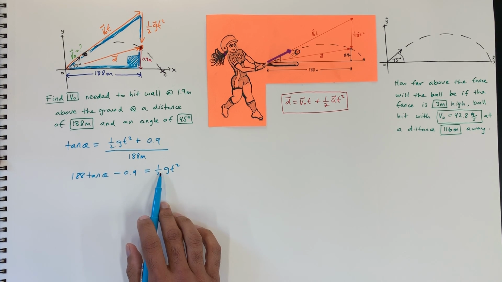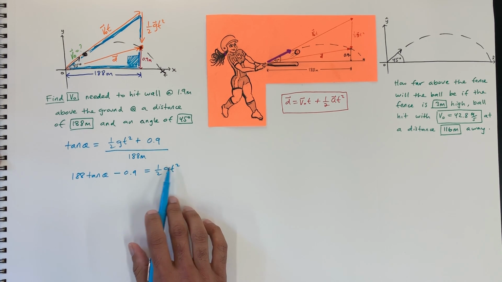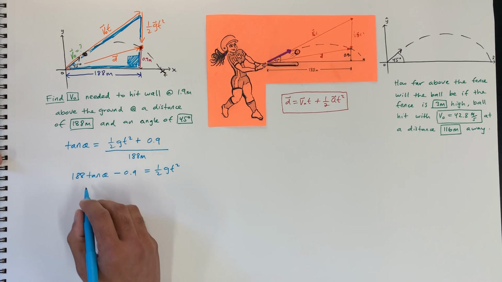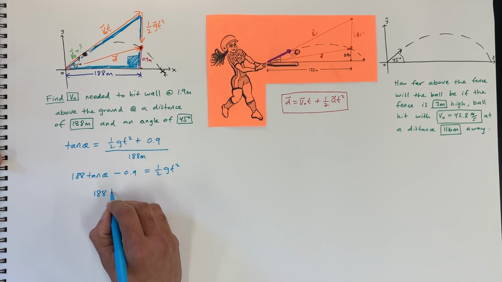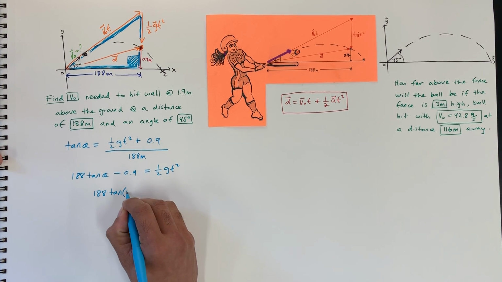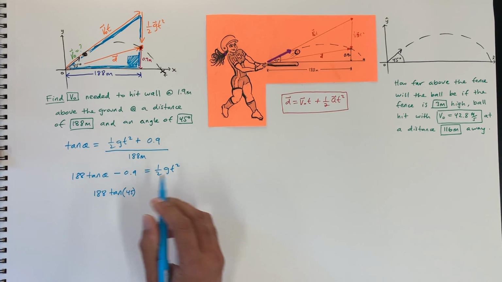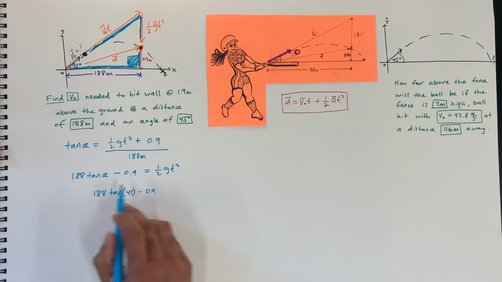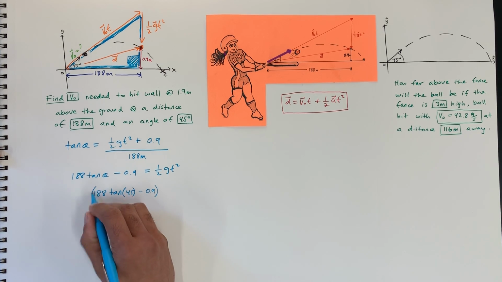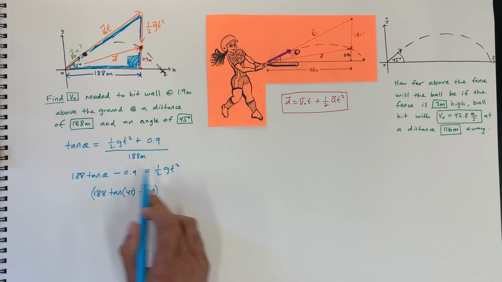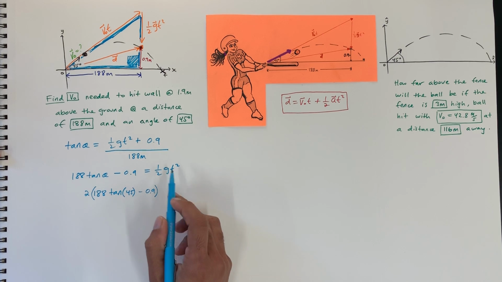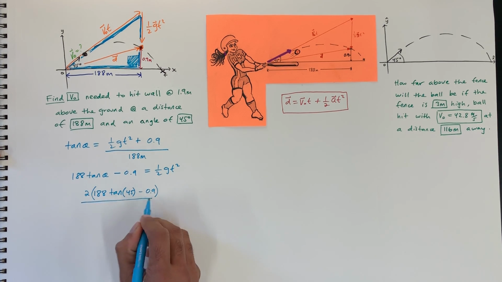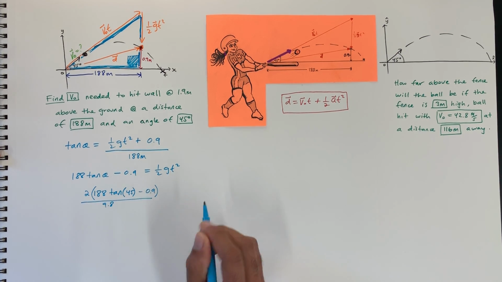Multiply everything by 2 and divide by gravity. So here we're going to have 188 tangent of 45, minus 0.9, that's the left side. I'm going to put parentheses around everything, multiply the 2 over, and divide by 9.8.